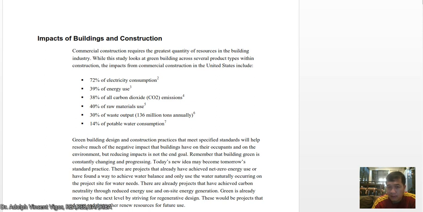This is a huge amount. That's why buildings and construction has a huge impact, especially when you're constructing in a large scale.